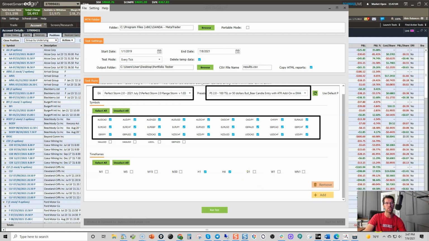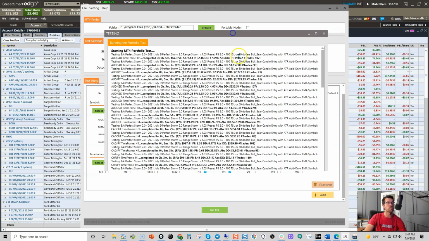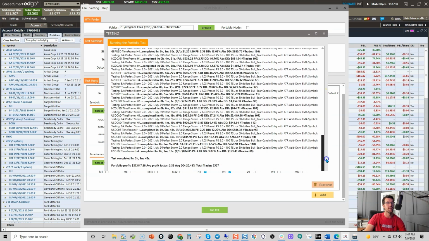And when it's all done, check this out. When it's all done, I can go into this little guy. These are the results of all the tests, and this robot on a $5,000 starting account ended up making, so this is 2019 to 2021, so about 2.5 years. This took a $5,000 account and turned it into around $42,000.